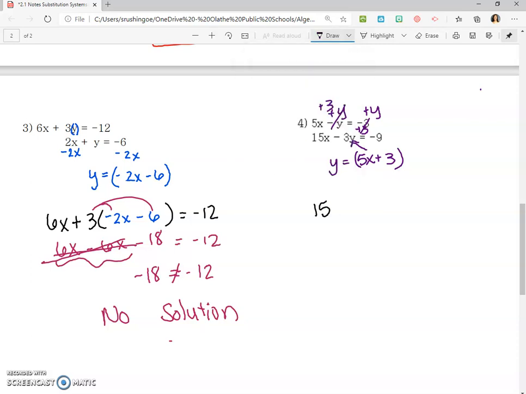So it looks like 15x minus 3, and then instead of position y, that player takes a timeout break, and then this player subs in for that position. And we keep everything else the same. The only thing changing is that y is changing to that. And then we're going to distribute.